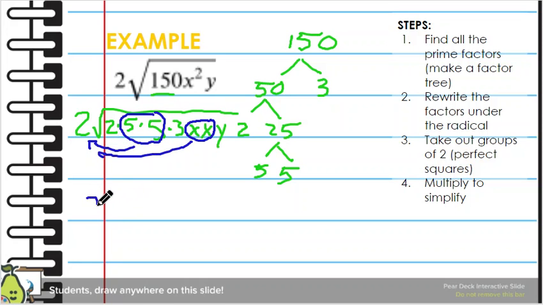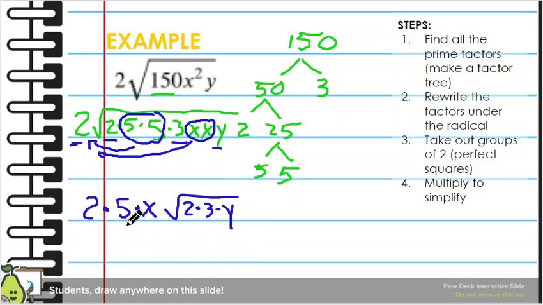So on my outside, I'm going to have 2, because that's this original 2, times 5, because I pulled out a group of 5's, times x, because I pulled out a group of x. And underneath, I'm going to be left with this 2 that stays under there, didn't have a partner. I have a 3 that's going to stay under there because it didn't have a partner. And I have a y that's going to stay under there because it didn't have a partner.